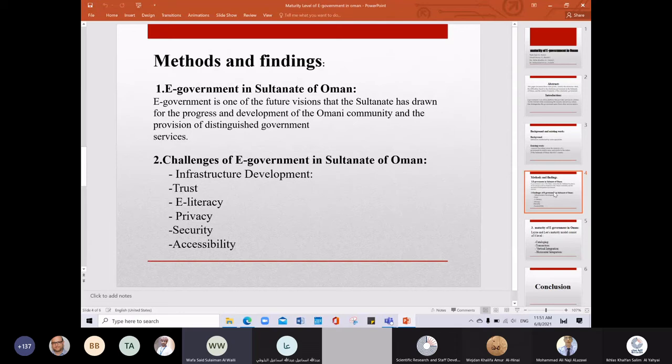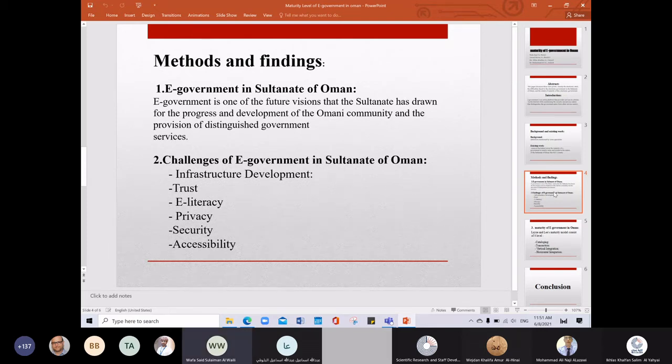The methods and findings. Number one, e-government in the Sultanate of Oman is one of the future visions that has power over the process and development of the Omani community.